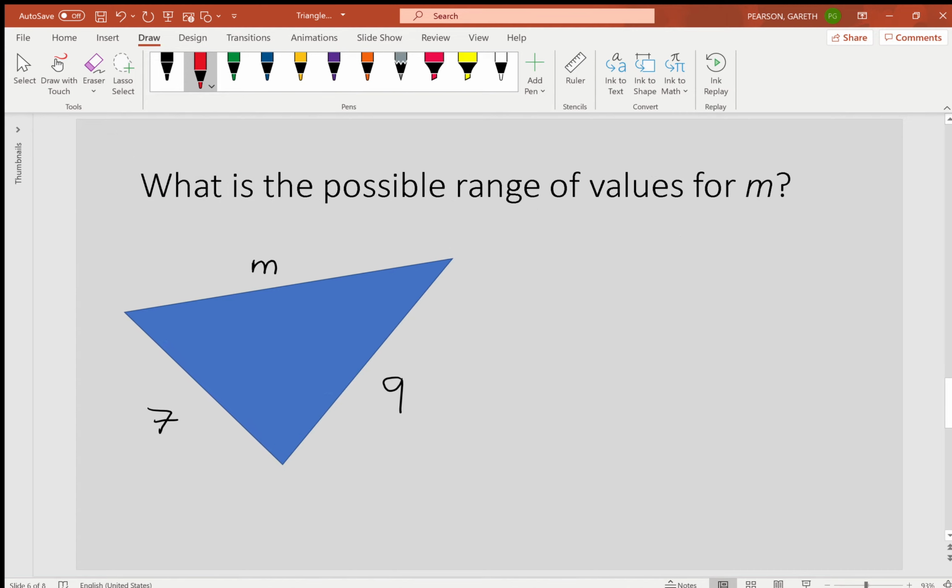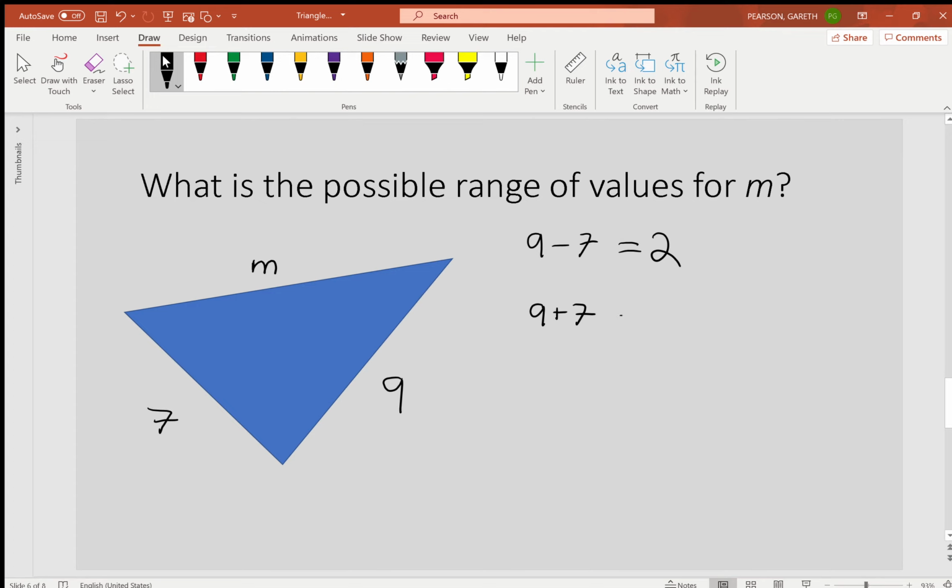For this, if it's giving you two different sides of a triangle and it's asking for the remaining value of m, it could be a few numbers, but here's how you find it out. Basically, you take the two numbers that they've given you and you subtract them, and you also add them. So 9 minus 7 will give me 2.